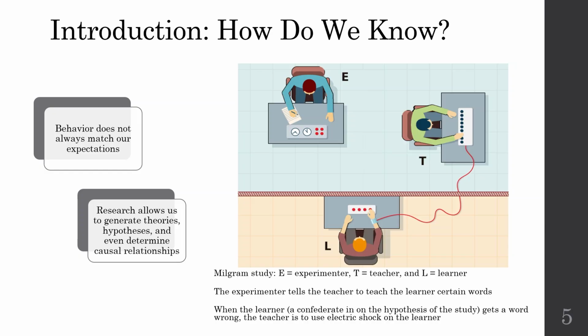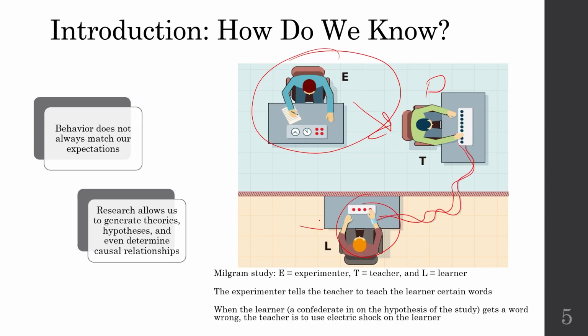If the learner got a question wrong, the participant was told to administer an electric shock. The experimenter, who was the scientist in charge, was the person telling the participant to administer these shocks to the learner.